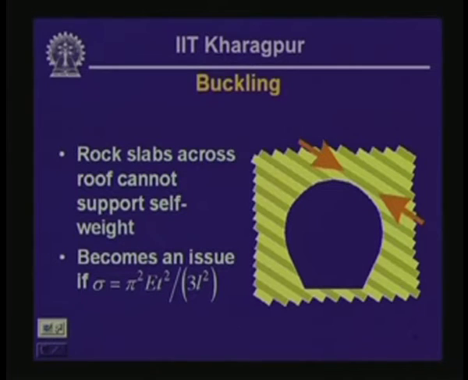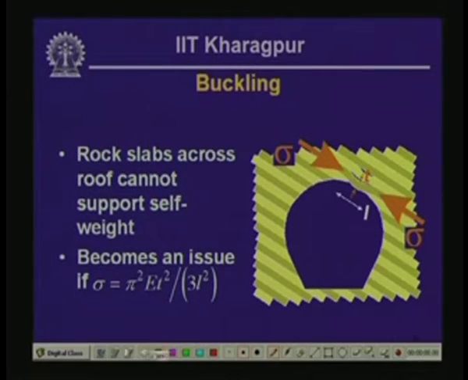It is quite obvious then that as soon as the tunnel opening is made, the slabs are going to buckle in that manner because of the removal of confinement near the top right portion of this particular tunnel. So, that is the area where the tunnel is going to be affected by the buckling problem.